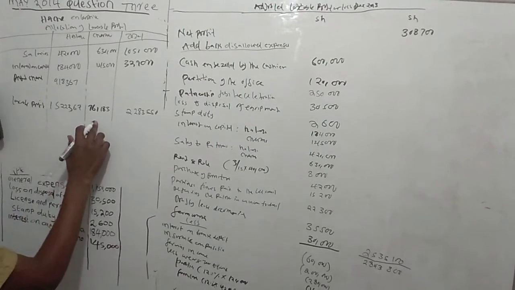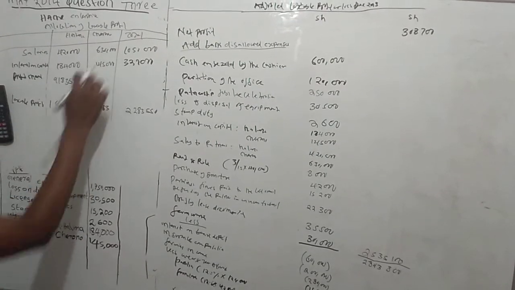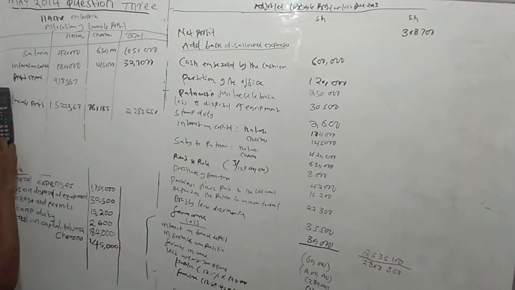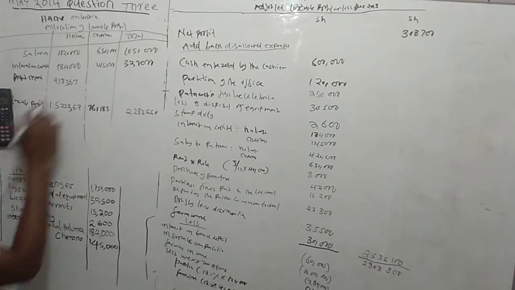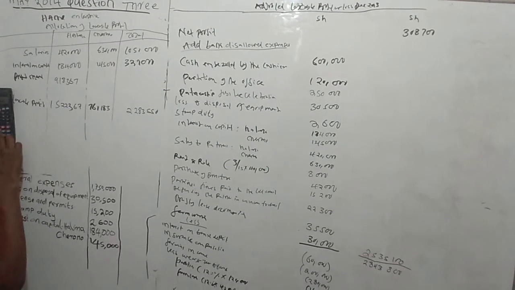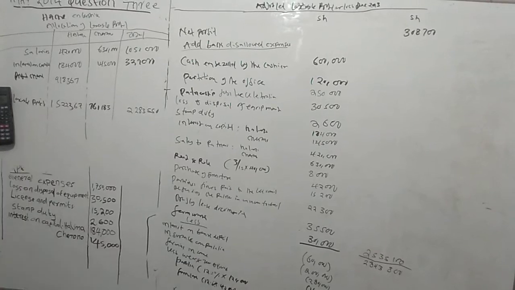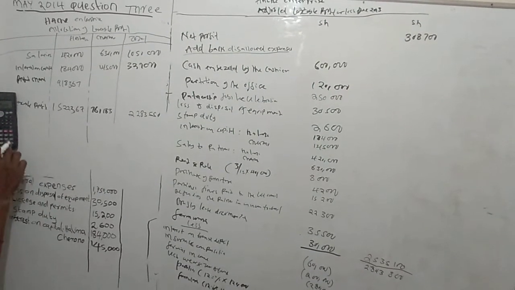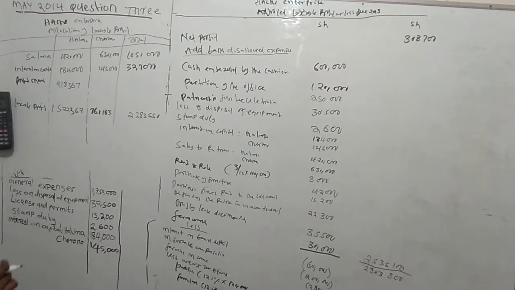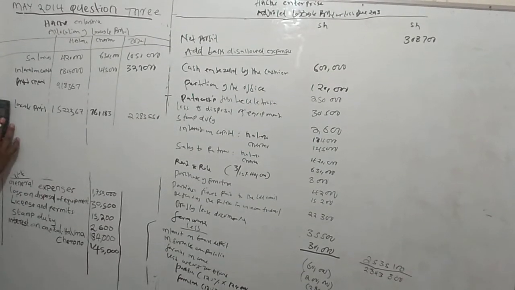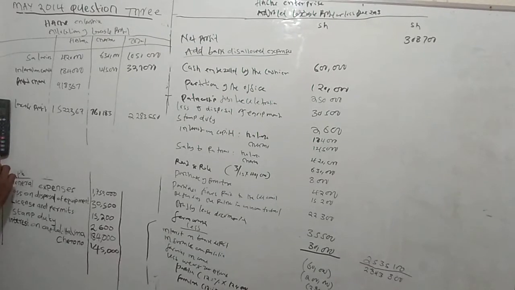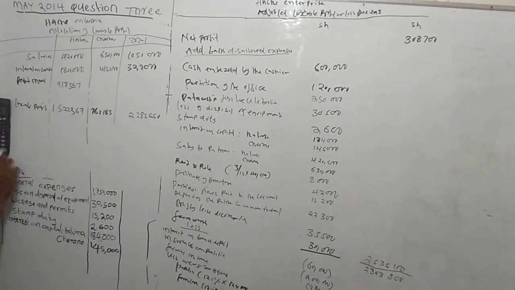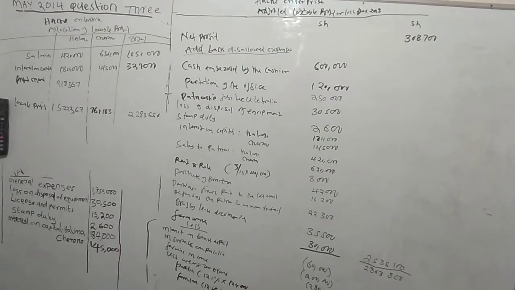We do the same for this. We take 630,000, we add 145,000, then subtract 761,183 from the answer. If we add 630,000 to 145,000, that is 775,000.